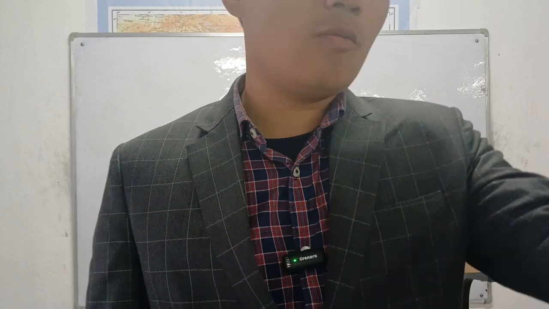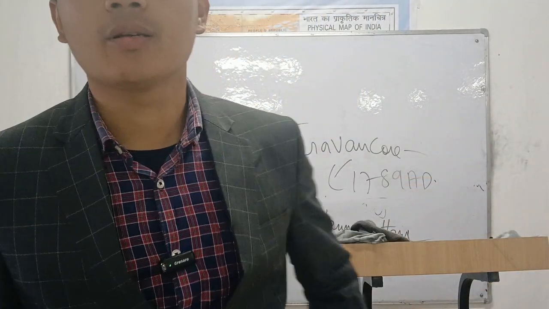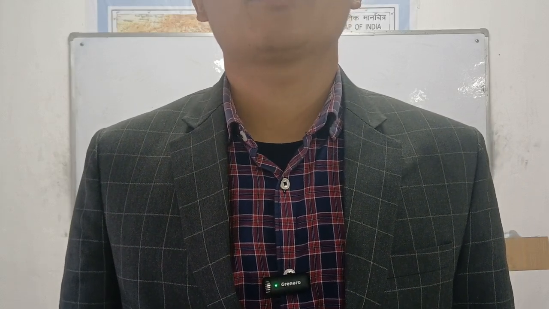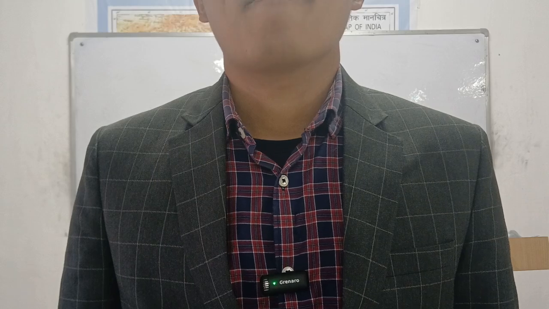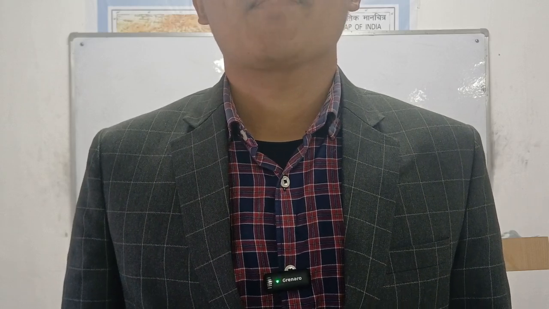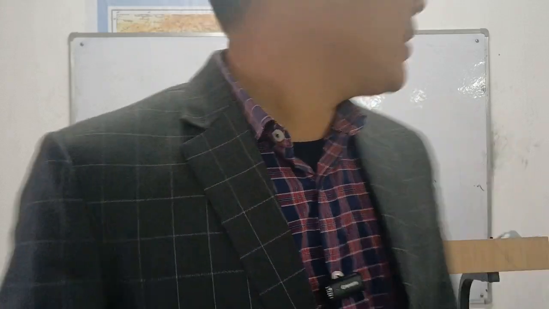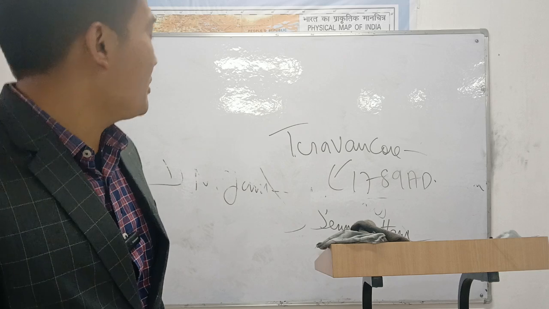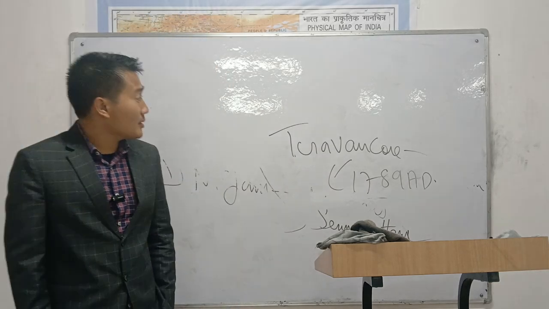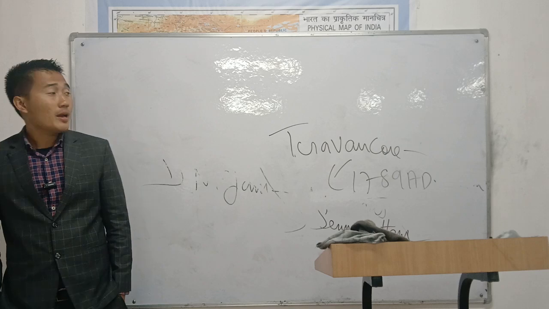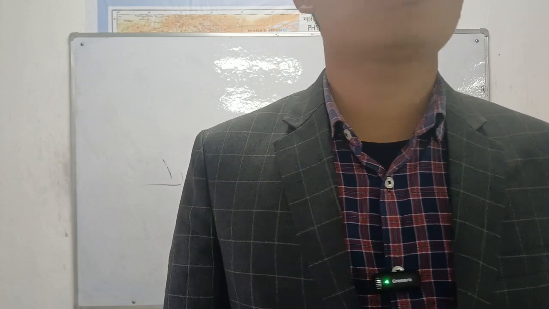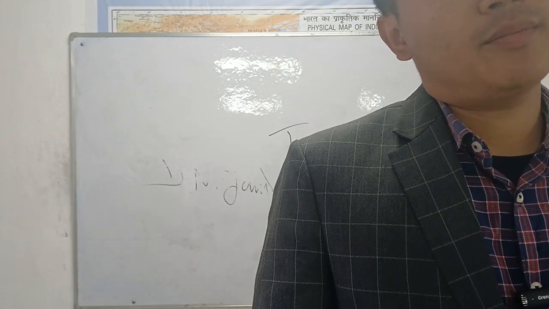And the ruler of Travancore had an alliance with the English. For this reason, the English declared war on Tipu Sultan.